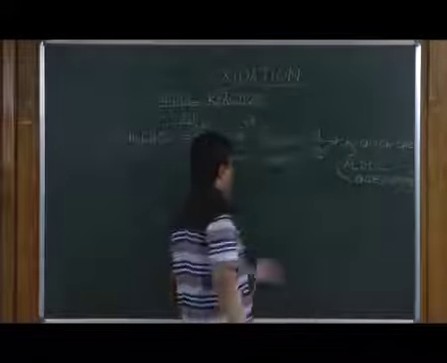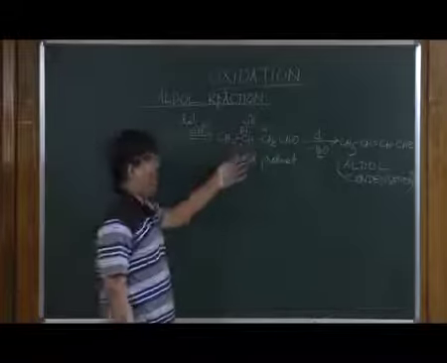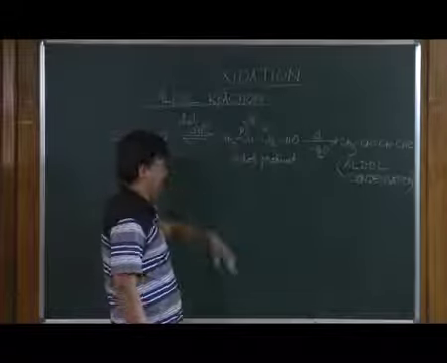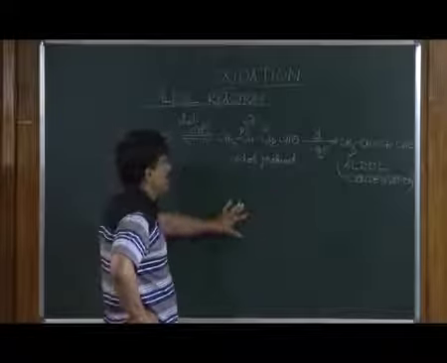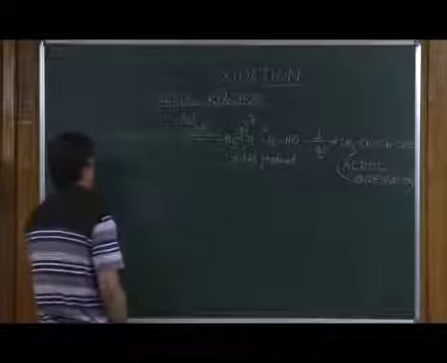If you only get this one, then it is called aldol addition, but if you heat it and elimination of water happens and you get alpha beta unsaturated aldehyde, then it is called aldol condensation reaction.